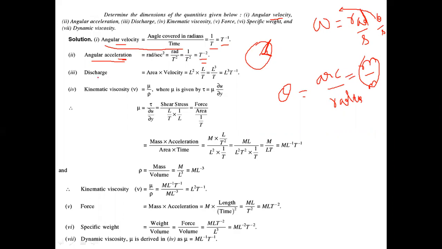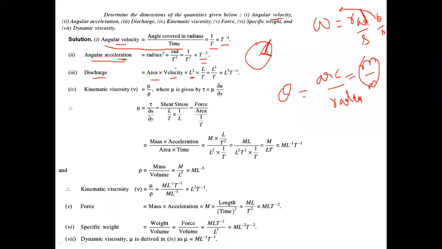Similarly, next is discharge. If we are talking about volumetric discharge, the formula for volumetric discharge is area into velocity. You know how we measure area? Area is side square, and the unit of area is always measured in meter square, centimeter square. So basically it's length square. Area is length square into velocity.